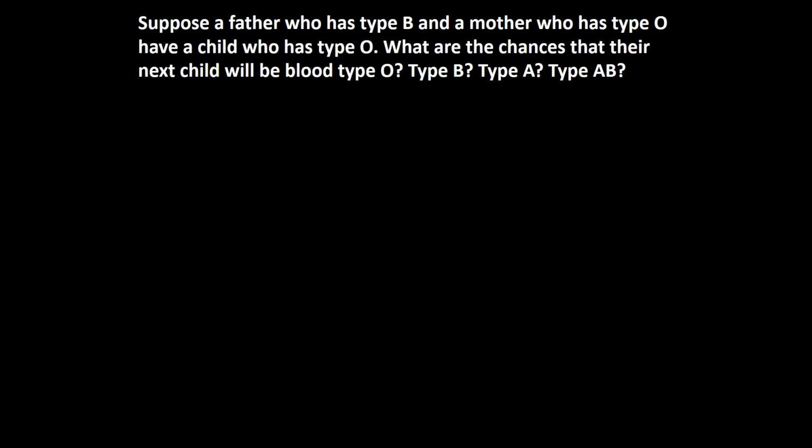All right. So suppose a father who has type B and a mother who has type O have a child who has type O. What are the chances that their next child will be these? We're going to have different probabilities for all of these. Again, I'm going to write dad, mom, and the child down here.